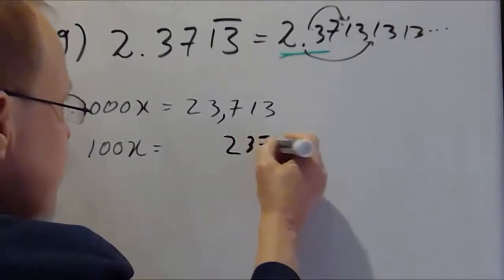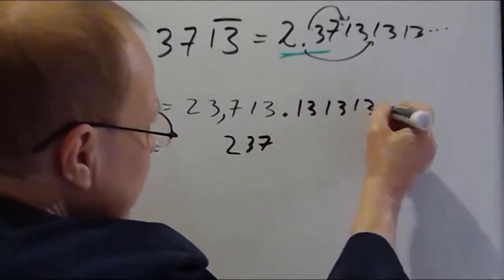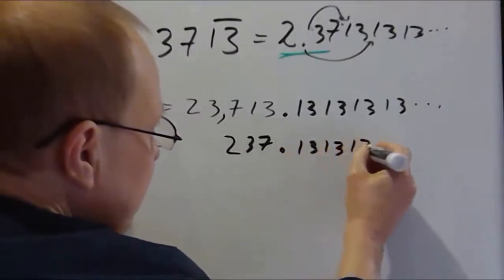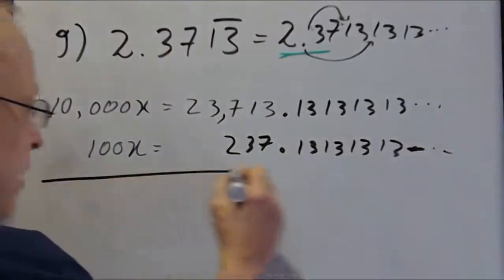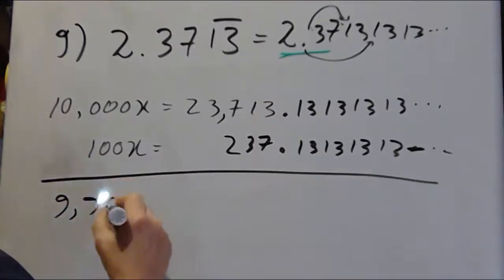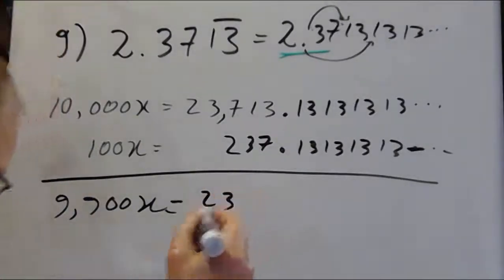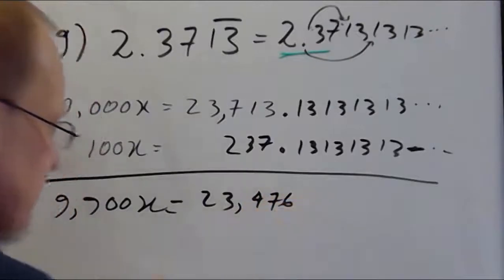So that means that this is going to be 100x is equal to 237.131313, and we do the same process. So we end up with 9,900x is equal to 23,476.